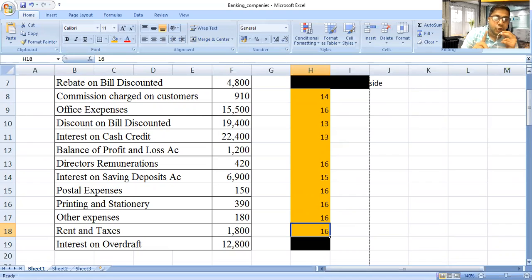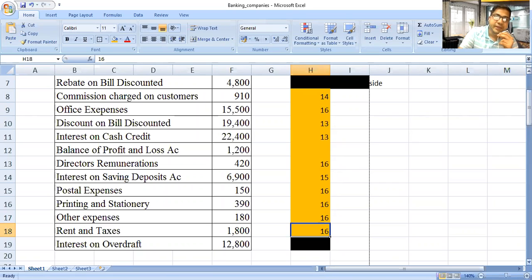Now interest on overdraft. The overdraft facility the bank provides to the customer, to the businessman, means they will give a small amount of loan without any balance. Even with zero balance in their account, the customer can still borrow the money.